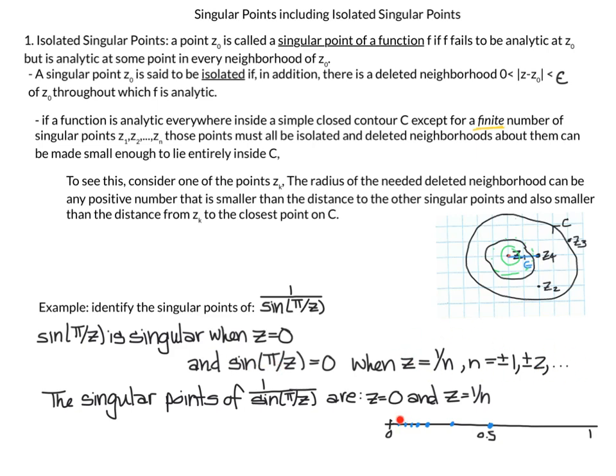These singular points get infinitely close to 0. It doesn't stop, and there's no point where we say, oh, this is the point that's closest to 0. There's an infinite number that converge on 0, and that's the reason why z equals 0 is not isolated. And also that's why in this statement we need a finite number of singular points.